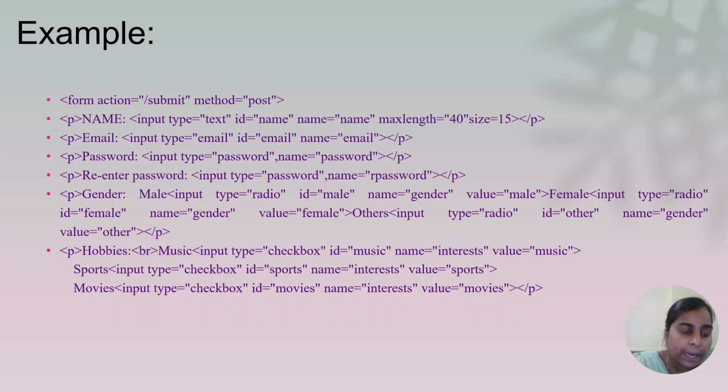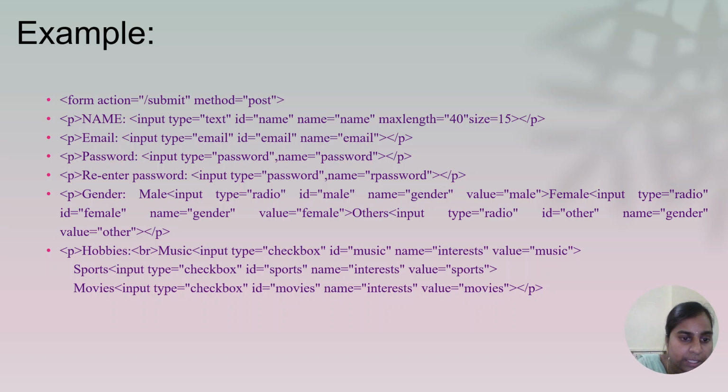Button for the gender. And then here I am taking the hobbies. So this is also another label. Hobbies have more than one option, right? First I am taking music, and then sports, and then movies.